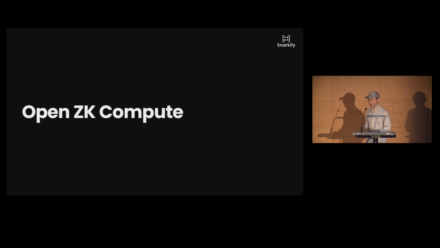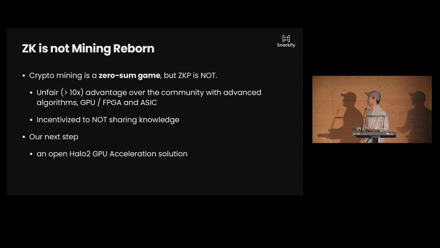This is what I want to promote with the Open ZK Compute initiative. Thanks to zPrize. I come from the crypto mining world, where crypto mining is a zero-sum game. People are very incentivized to get a performance edge over the community, over the competitors. More often than not, we see over 10 times advantage versus your competitors.